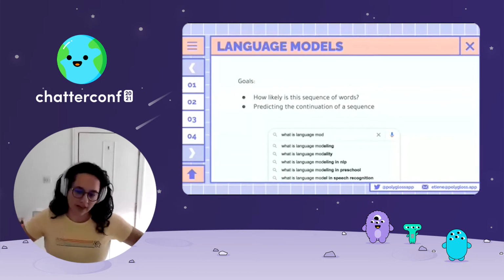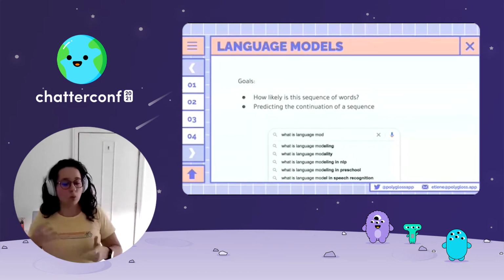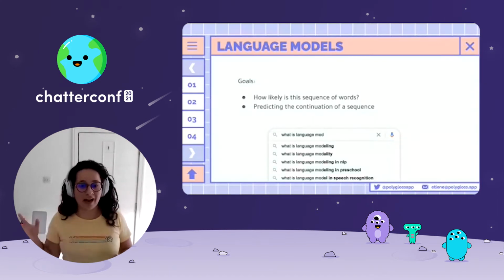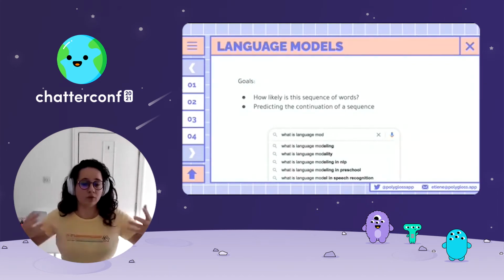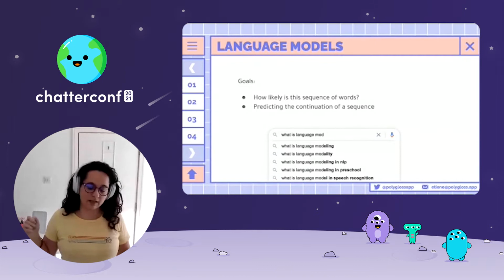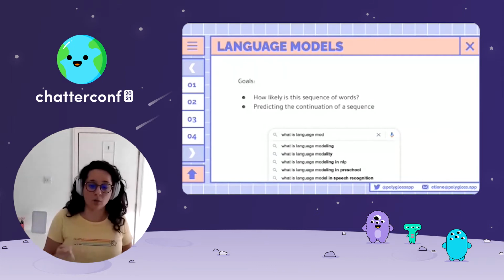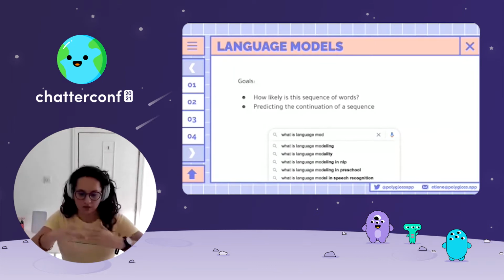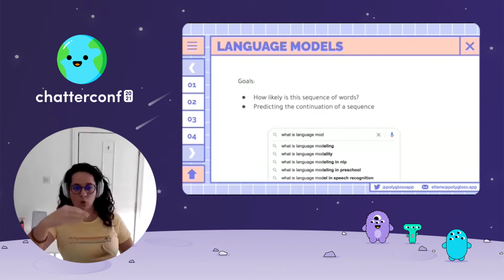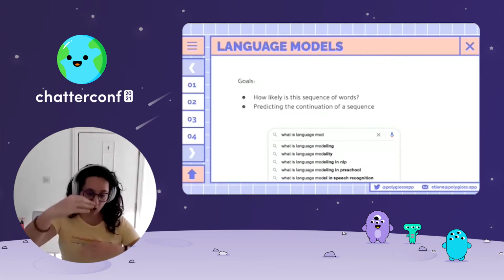So a good model would assign a real text in that language a very high probability. And with those probabilities, it's able to predict the continuation of these sequences. And this is very useful for applications like autocomplete, for example, and also dialogues and chatbots, where you have to continue one sentence with something else, right? Like a whole sentence sequence as well.